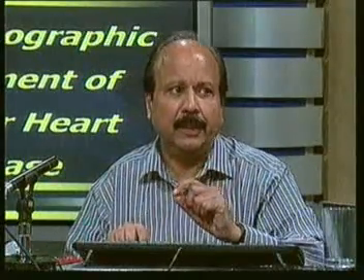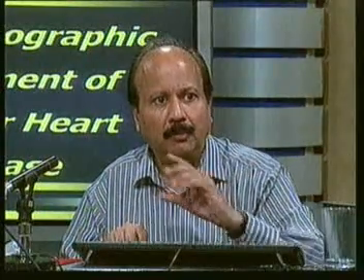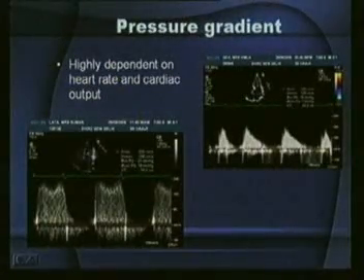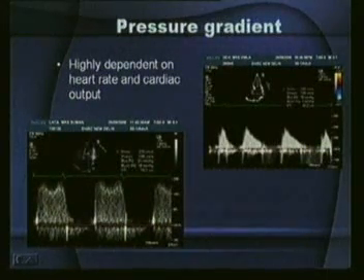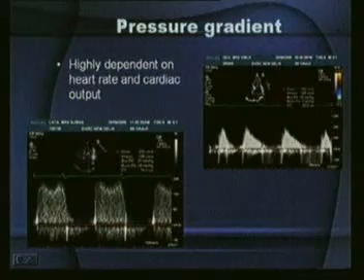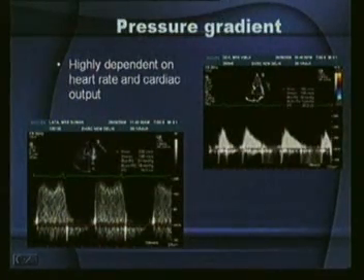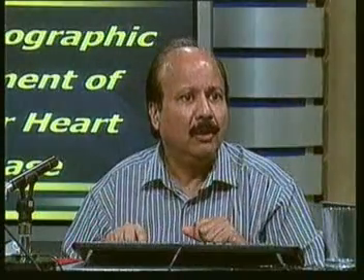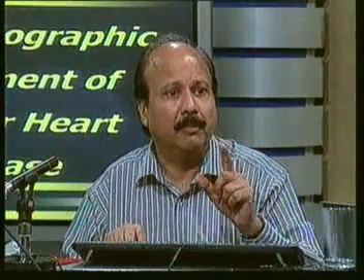Actually, these are very important points. See, that's why when we started, I said clinical examination and clinical setting are extremely important. Now, my colleagues have pointed out two very important points. If the patient has digoxin toxicity, for example, and the heart rate has come down to 45, 50, and he comes to you with whatever complaints, and then you do an echo, you will find that the diastolic filling period is so large that the pressure gradient may fall to 0, and yet the patient may be having severe mitral stenosis.